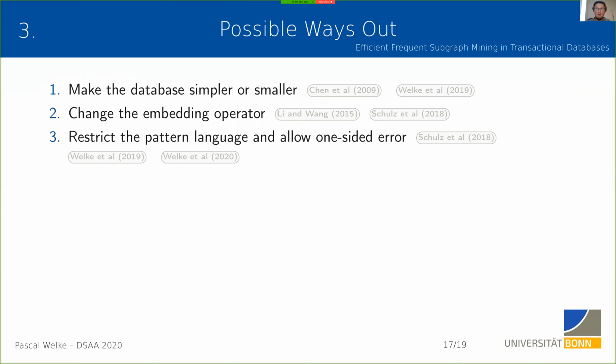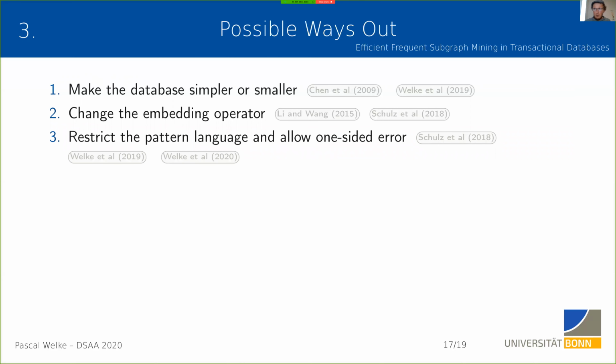Either you find too many or you find too little. And various methods basically do various combinations of the following aspects to achieve better runtime results.